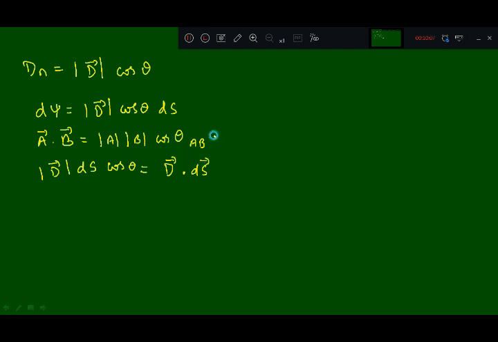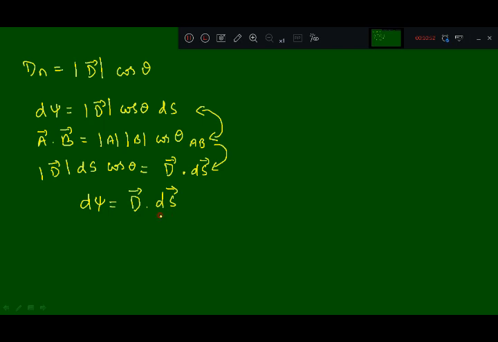So again, d phi becomes D vector dot ds vector. So we got the differential flux at the differential area ds at that point P.